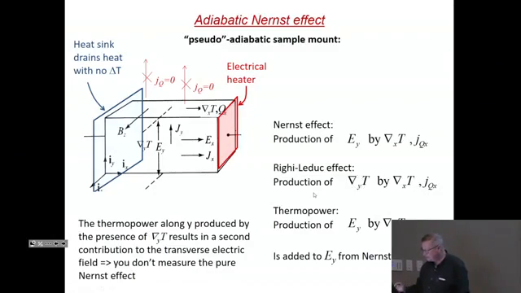So I have a transverse field, and I have, of course, a longitudinal thermal field. Now, if instead of that, I were to look at the voltage, I have a heat flux, but I also have a transverse EY due to grad T.